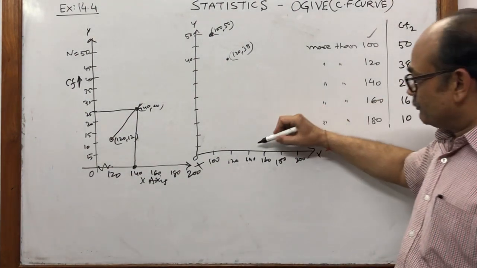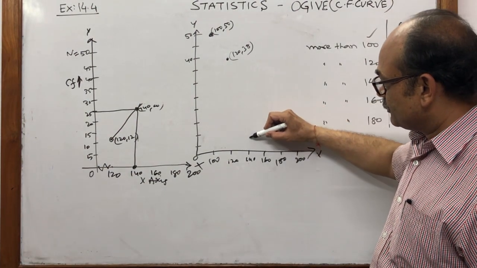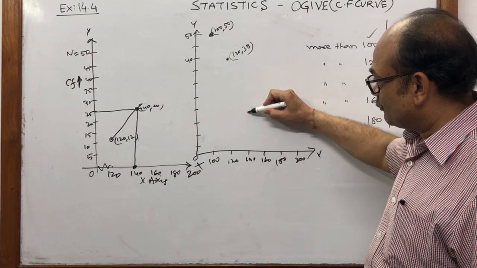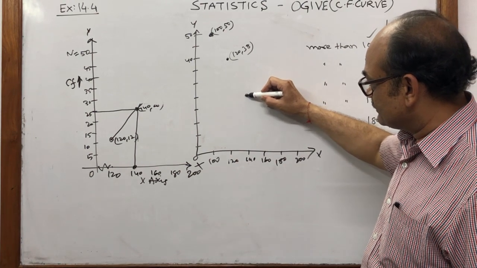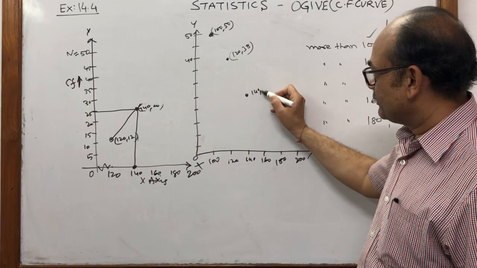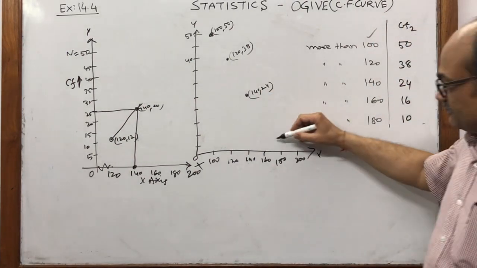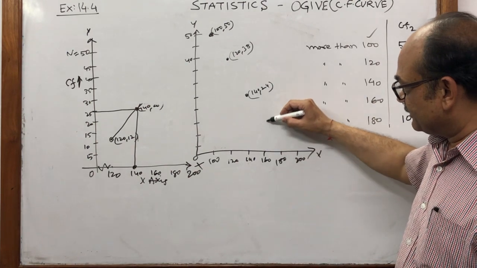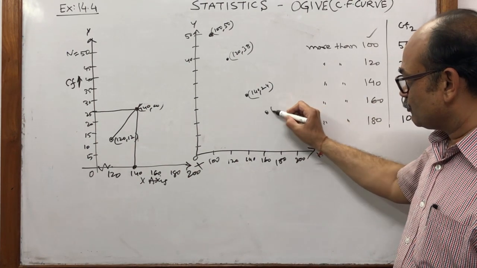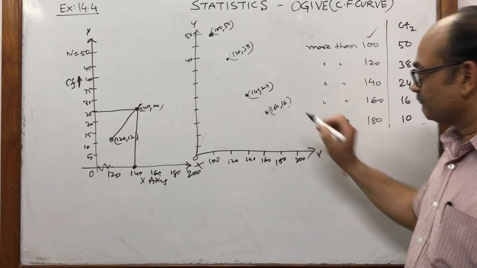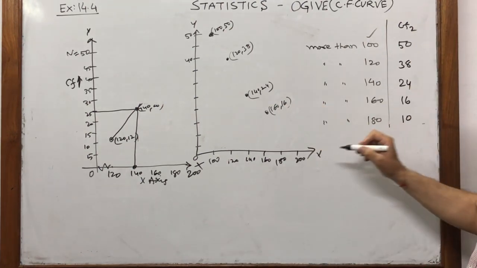140, 24. Just less. Next, 160, 16. And the last, 180, 10.